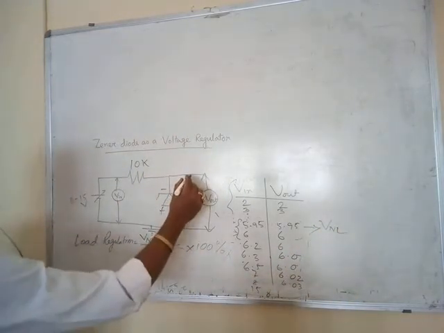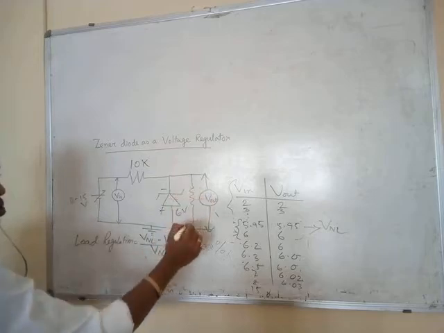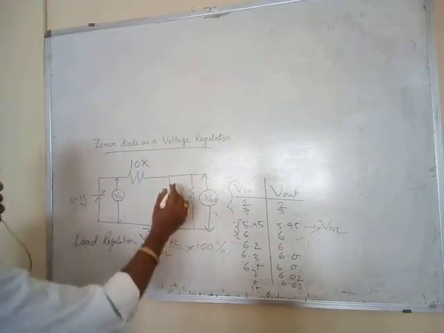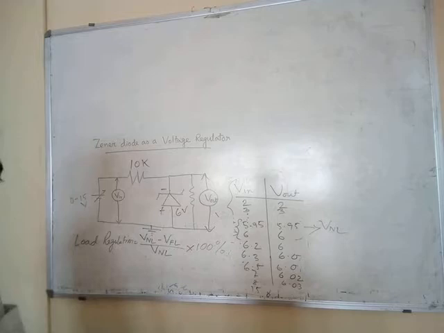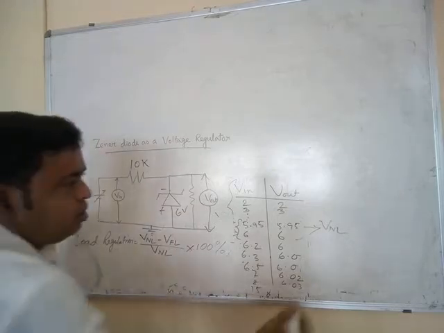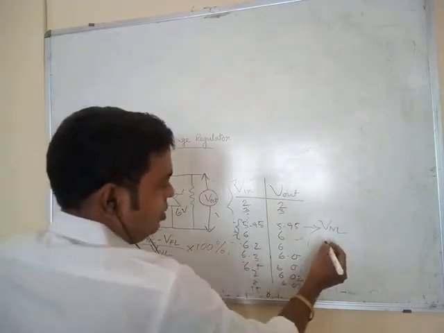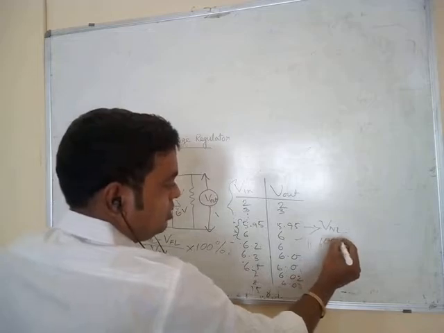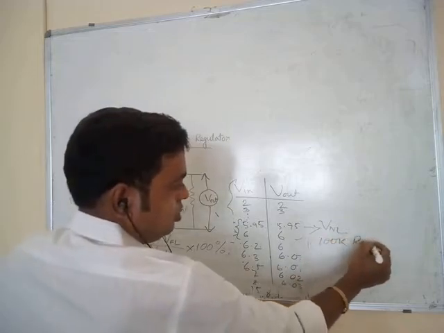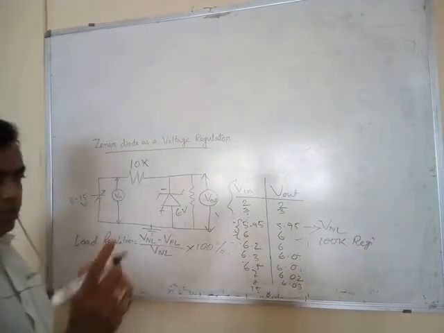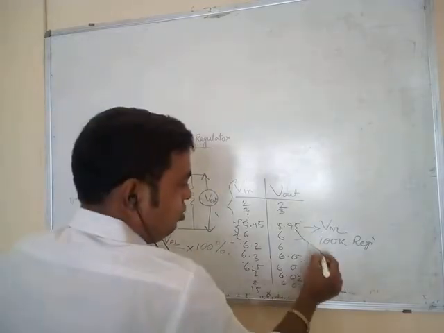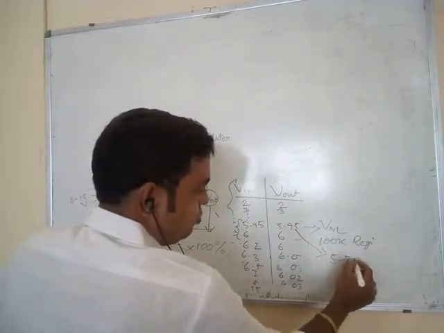If we connect a resistor parallel to the diode, then the value of the output voltage will drop. Suppose we take a 100k resistor, then the value drops to, suppose, 5.34.